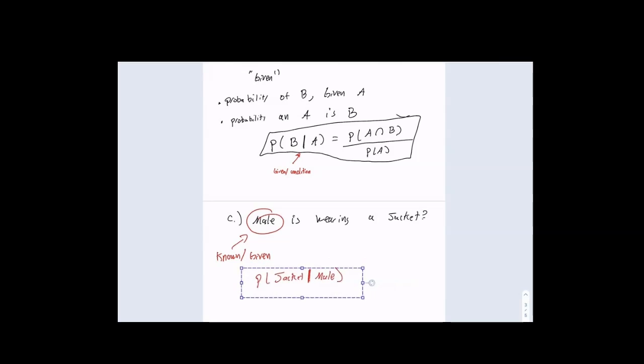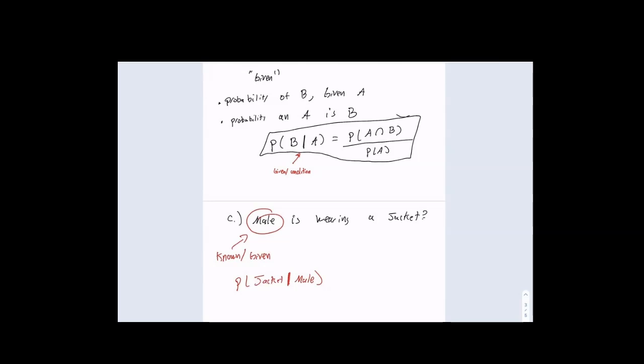So this is what the question is actually asking me. What's the probability that they're wearing a jacket? I'm still asking about jacket wearers. But I don't care about all the students. I'm only looking at the males.